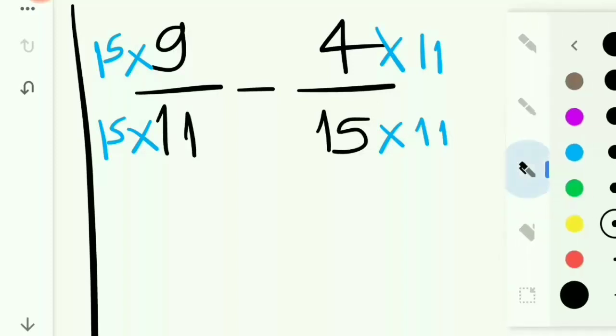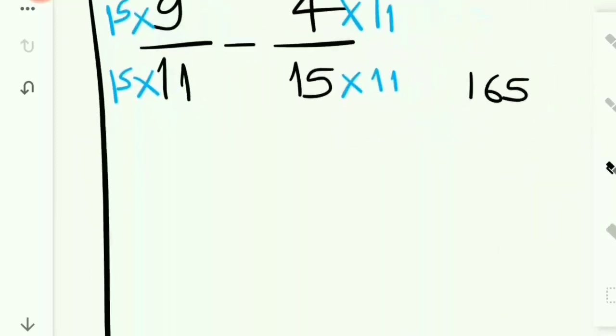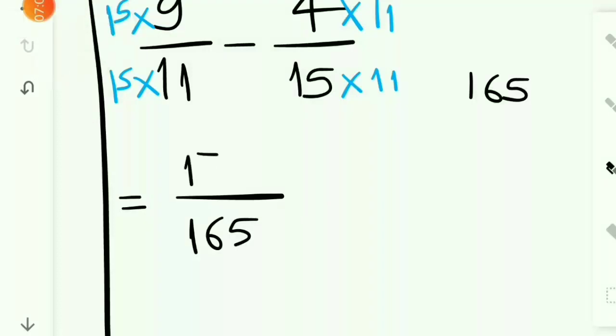Let's see what's in the next step. 165, 15 nines are 135, 11 fours are 44.